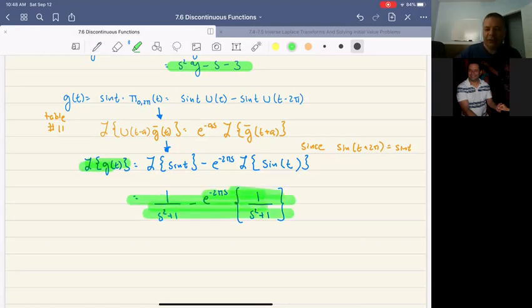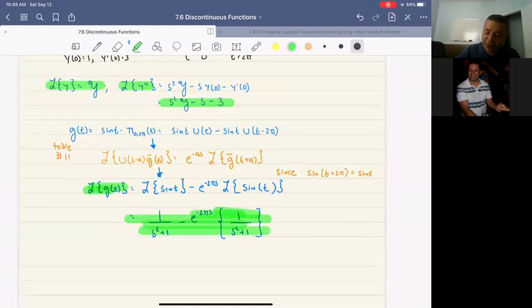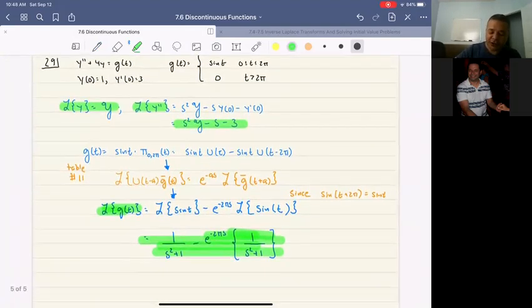Okay, now let's go ahead. We're going to run our differential equation through the Laplace transform machine. So that means we're going to have y double prime, I've written it down, s squared y minus s minus 3. Sorry, it's so small. I'm just trying to be able to see everything that I'm doing.